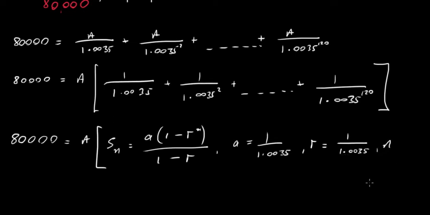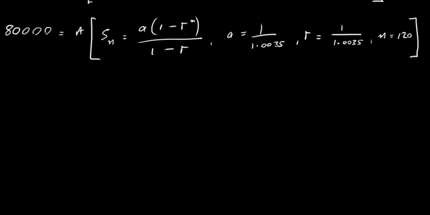How many terms have I got? Well, this here is the first term, and I can see my 1.0035 is to the power of 1. This is my second term, and I've got a power of 2 here. This is the power of 120, so my n is just equal to 120. I have 120 terms. So I have everything now that I need to put into this formula.